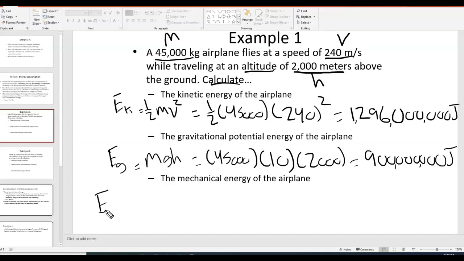So, what is mechanical energy? Remember that mechanical energy by definition is the kinetic energy plus the potential energy. So all I'm going to do is add those two numbers from the last question together.